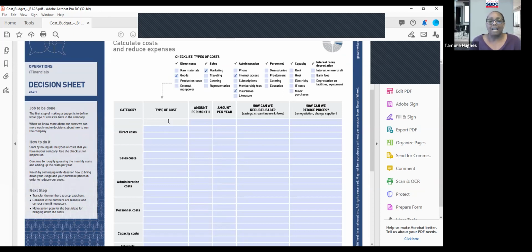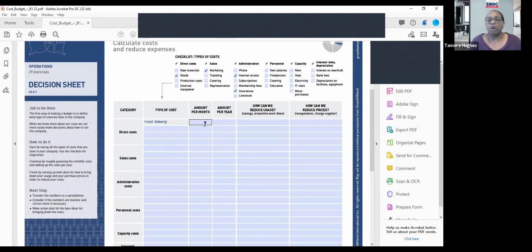So for example, if my business was a restaurant or I'm a baker, some of my direct costs would be my food or the bakery items that I would have to acquire, because that's where my product is.